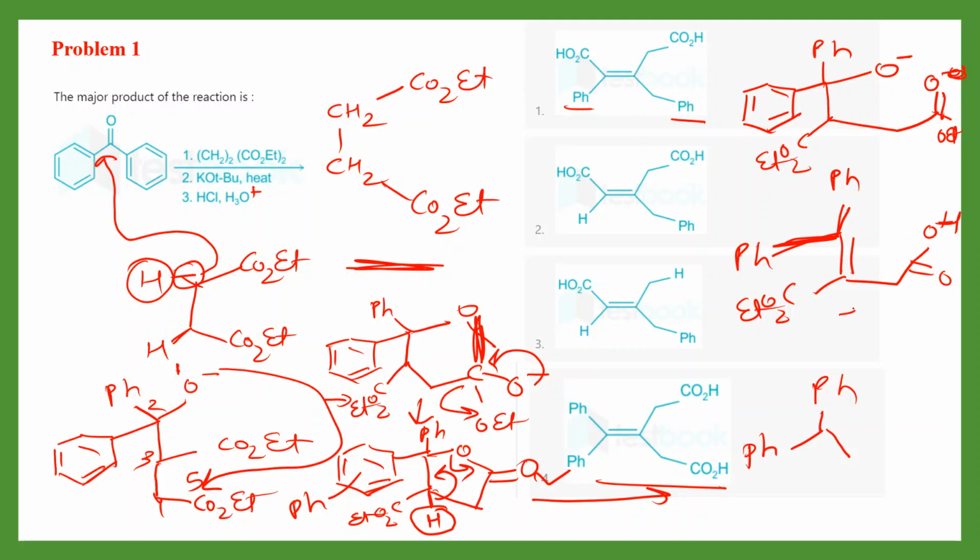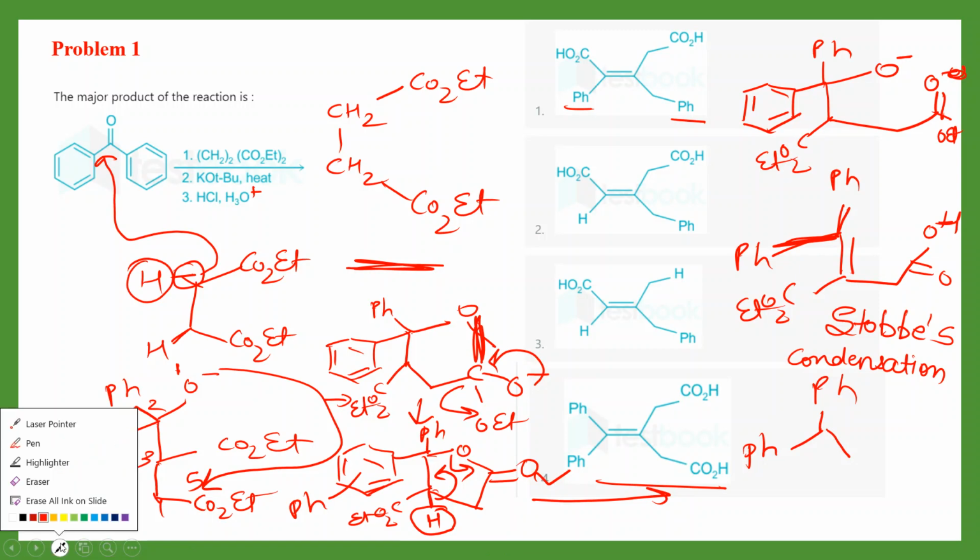Another thing: do you know what name reaction this is? Let me tell you, this is Stobbe condensation, from the last class problem session. Let me explain again. First, this strong base is going to abstract a proton from here and attack this ketone.